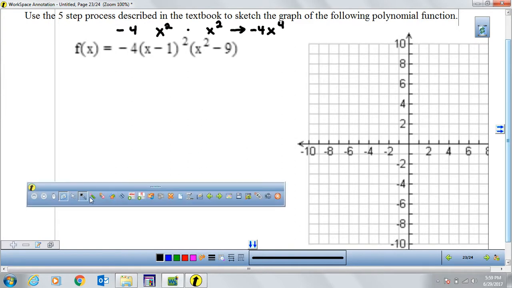So what does that tell us? Since we have a leading coefficient that is negative, and we have a degree that is even. First of all, if it has an even degree, it has the shape of a U. But if the leading coefficient is negative, it's going to open downward. So both ends of the graph are going to fall. So we're going to say the following: end behavior.